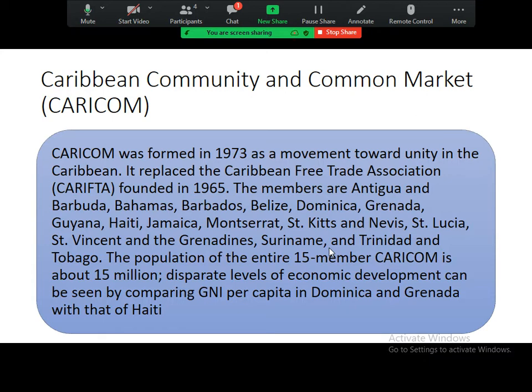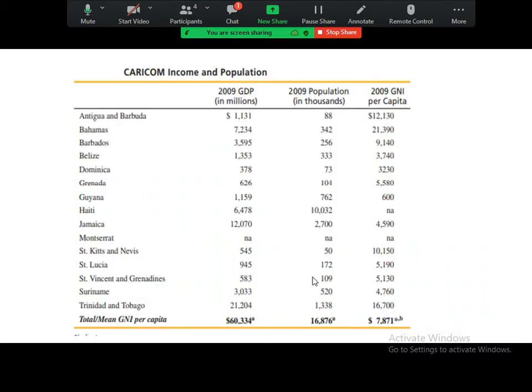There are disparate levels of economic development, which can be seen by comparing the GNI per capita in Dominica and Grenada with that of Haiti, which we will see in this figure. To date, CARICOM's main objective has been to achieve deeper economic integration by means of the Caribbean Common Market.